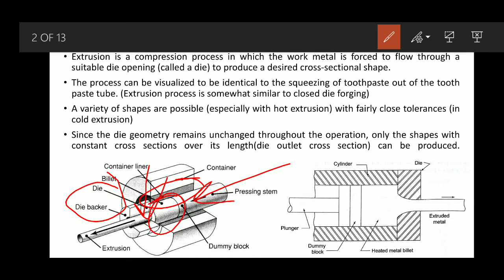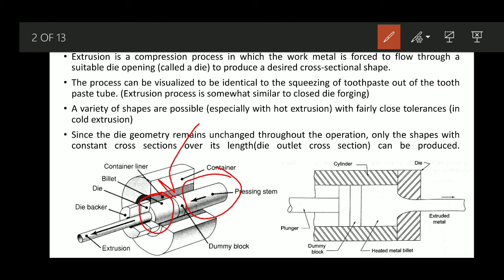In between is the ram contact surface and the heated metal contact surface. Practically, the ram doesn't come directly in contact with the heated billet surface. A dummy block is always inserted in between. What is the reason for inserting it? If we use this ram, a ram of a particular diameter and dimension is required, and this surface of the ram is one of the important surfaces.